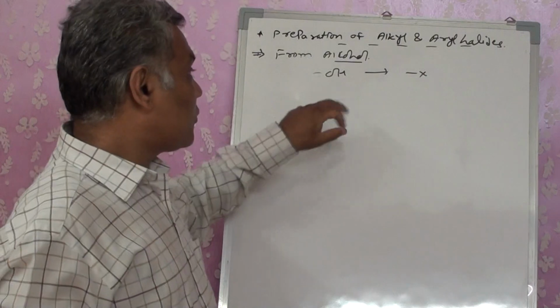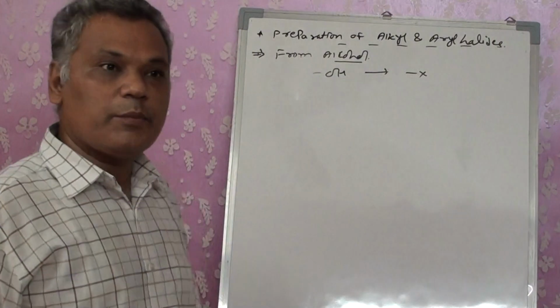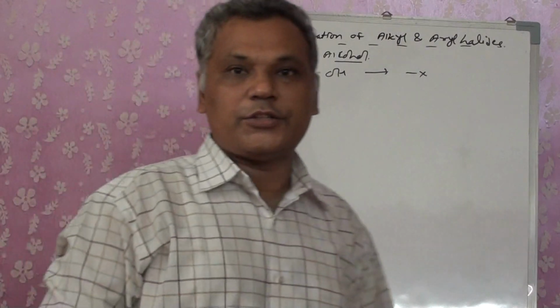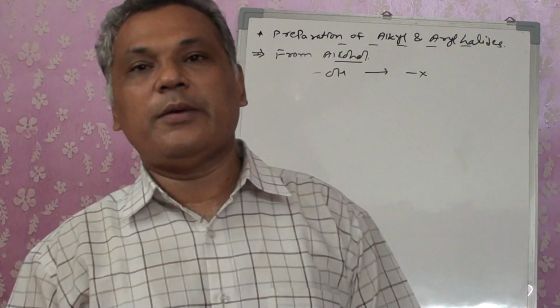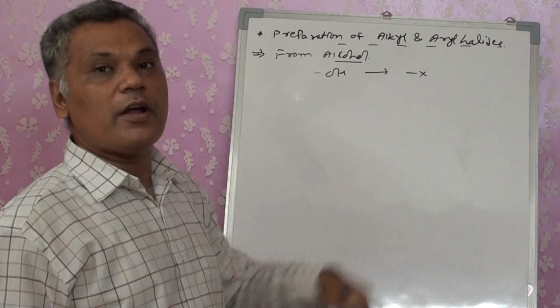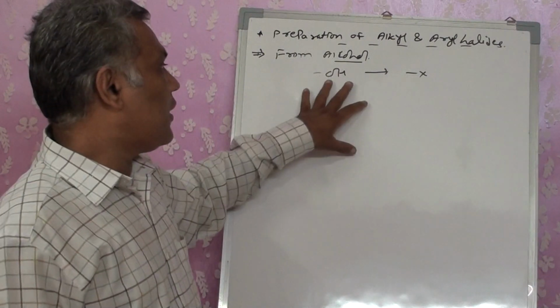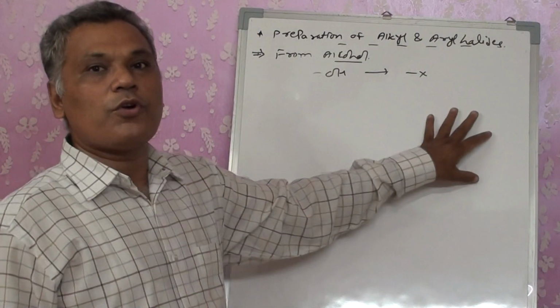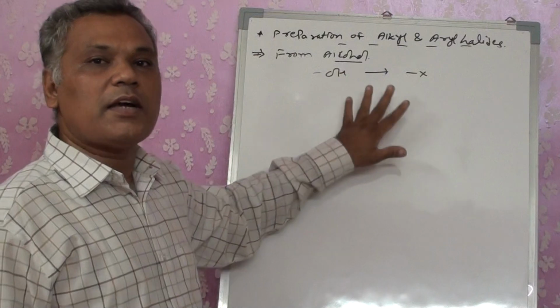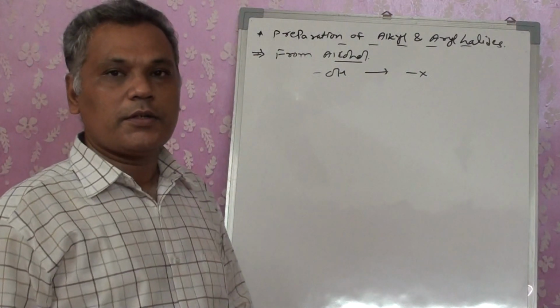So here what I am studying is that OH is converted to X. In the same way, for every reaction, every time an OH group is there and I want to convert it into X, these are the different reagents that we will be using.